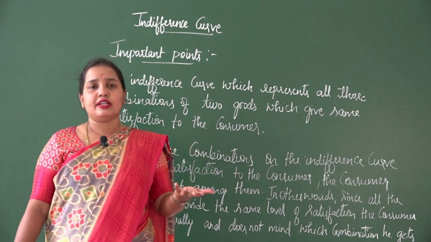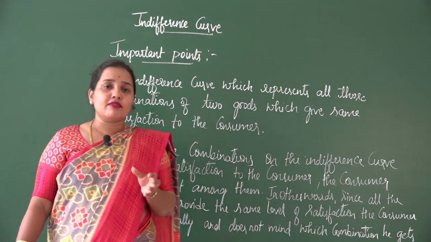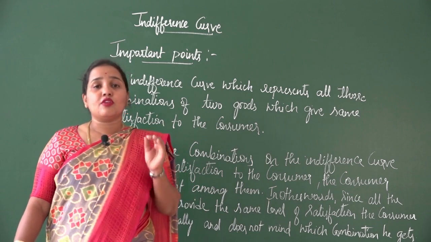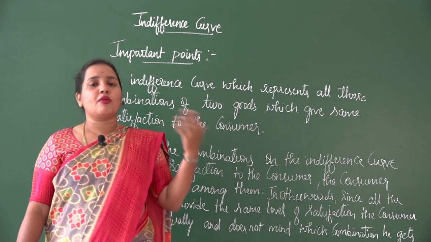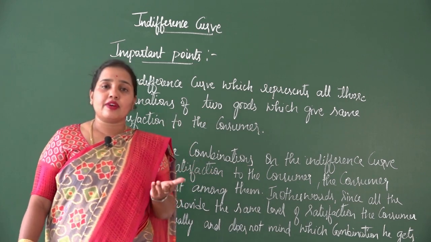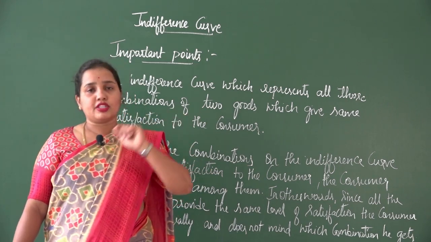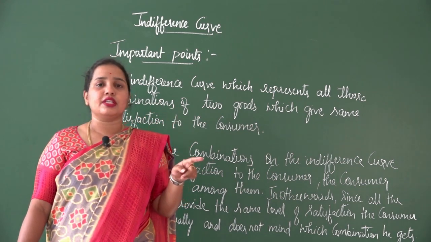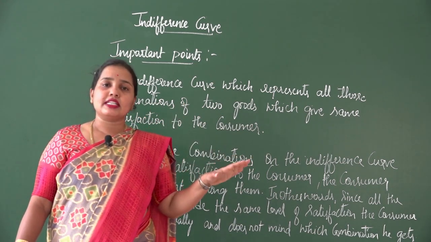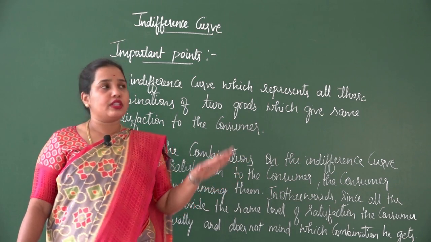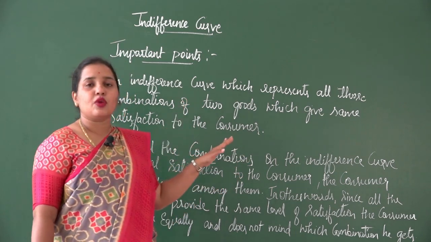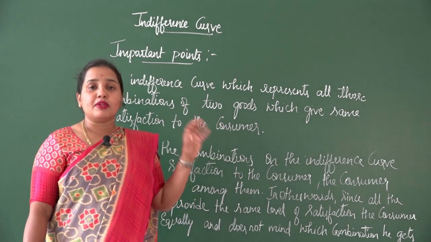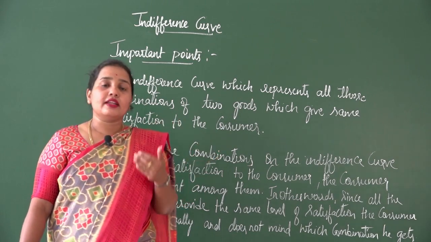Whatever combination he gets, since he gets the same level of satisfaction, it does not matter to him. Whatever combination he gets, he feels satisfied because all the combinations on the indifference curve give the same level of satisfaction and utility. So, these are the two important points that you have to remember.